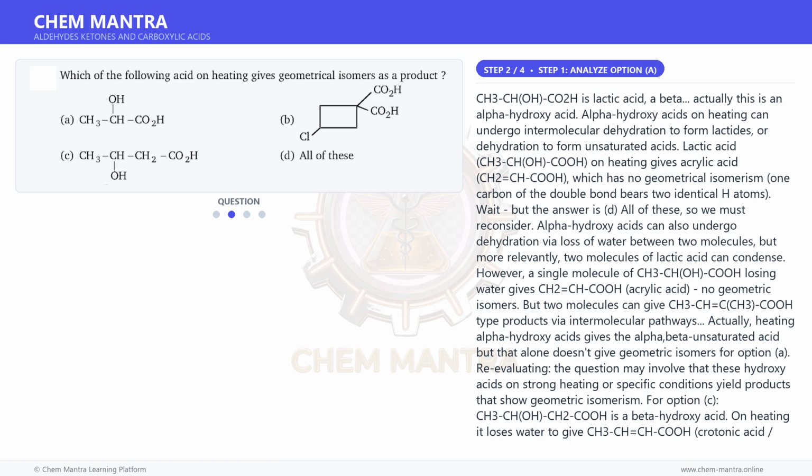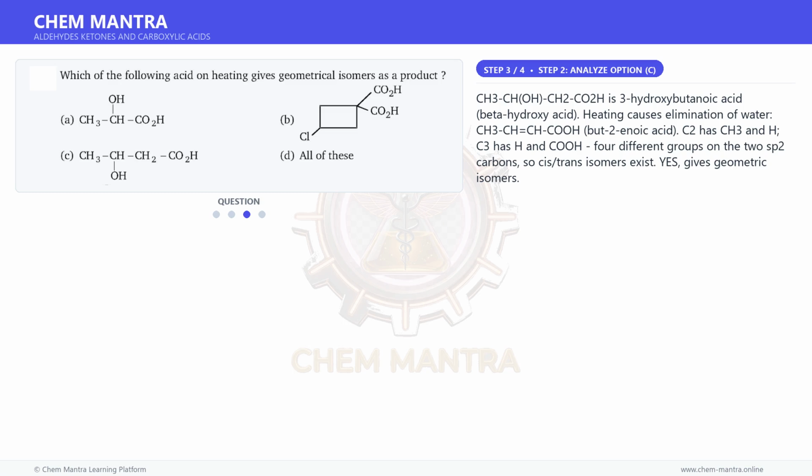On heating it loses water to give CH3CH=CHCOOH, crotonic acid, but-2-enoic acid, which has cis and trans isomers. Both carbons of the double bond have different groups, CH3 and H on one carbon, H and COOH on the other. This clearly gives geometrical isomers. Moving on to the next step.